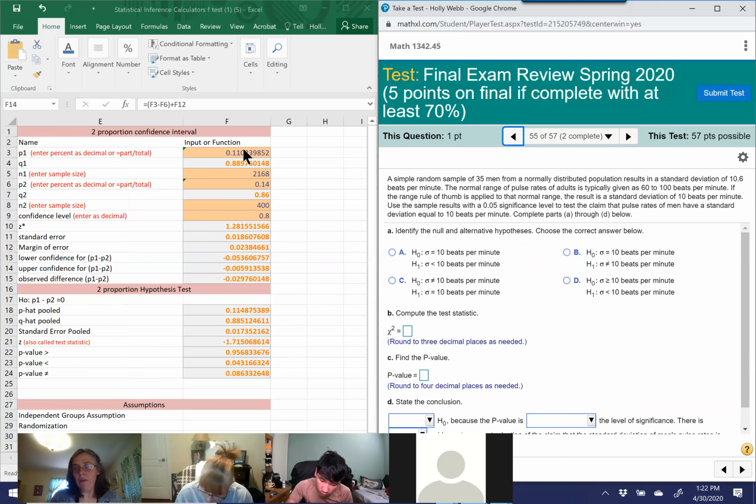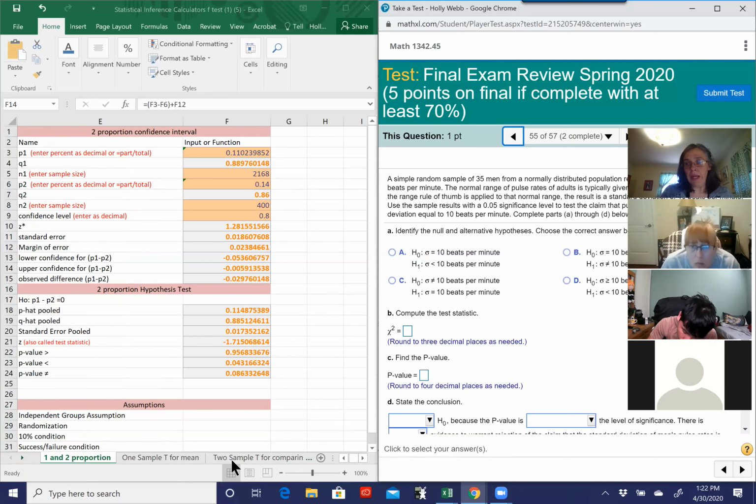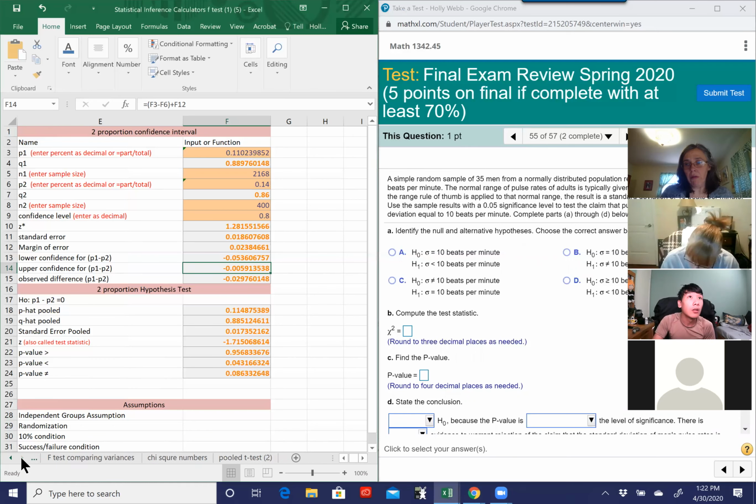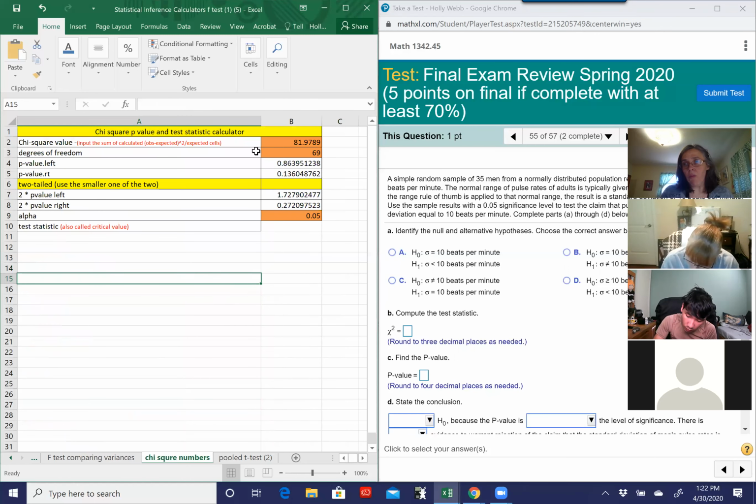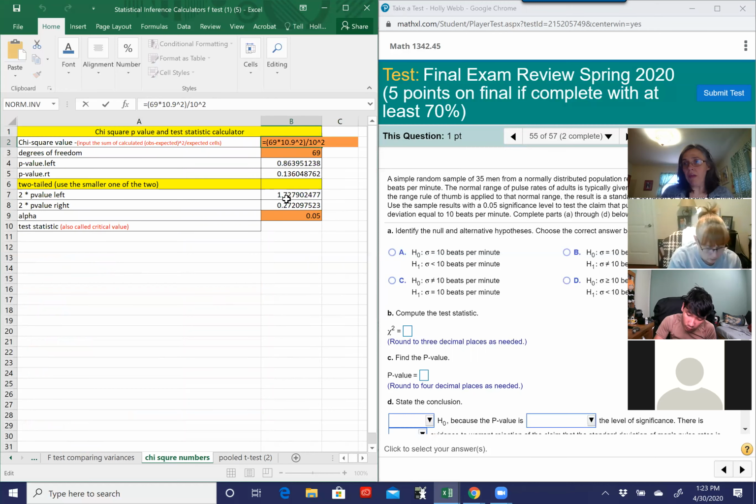So our calculator is going to be the chi-squared numbers calculator. It's right here. And in here, this is where I would build my test statistic. And your test statistic is going to be, let's see if I can annotate and type this. I might be able to do that.